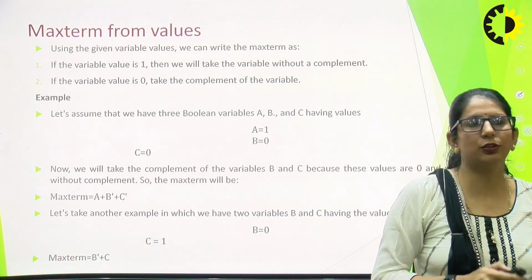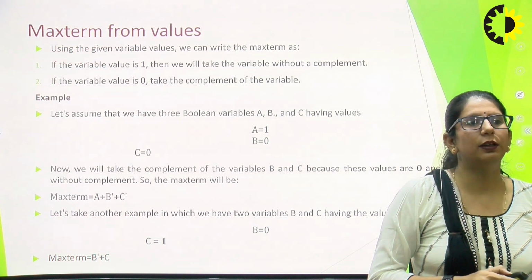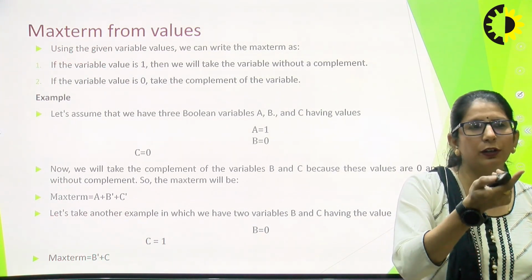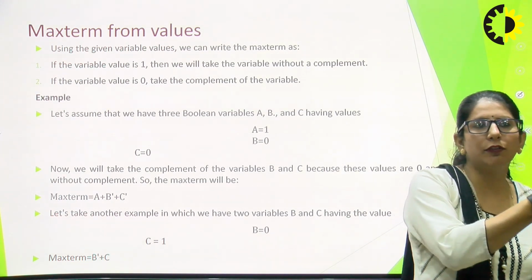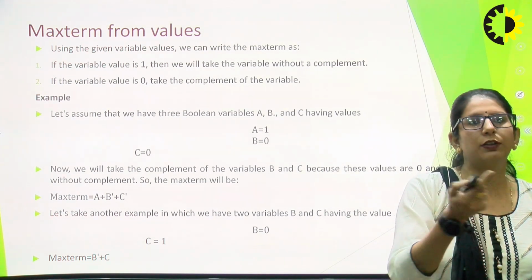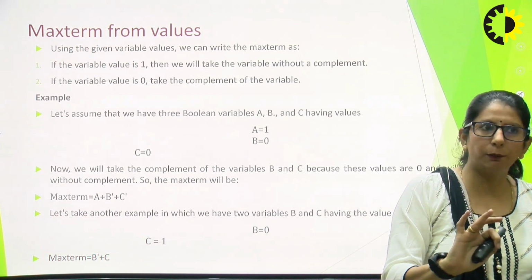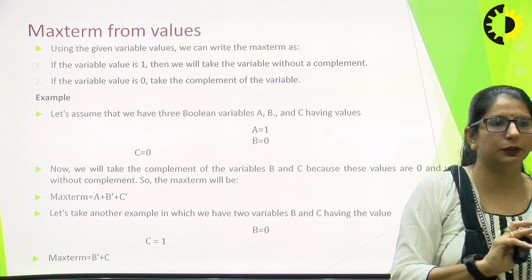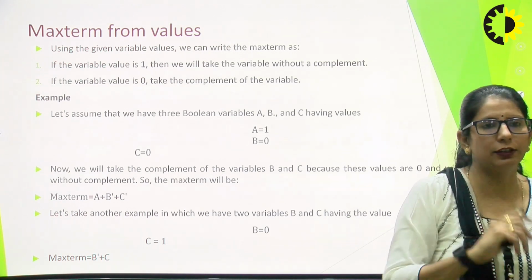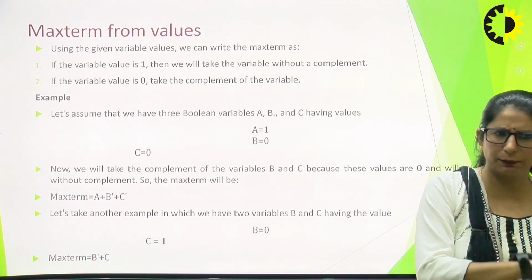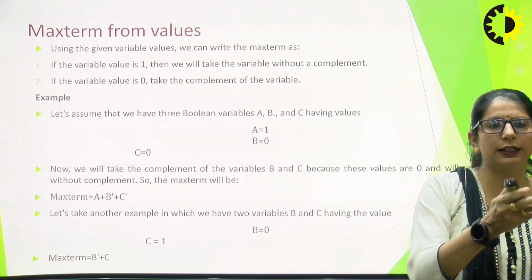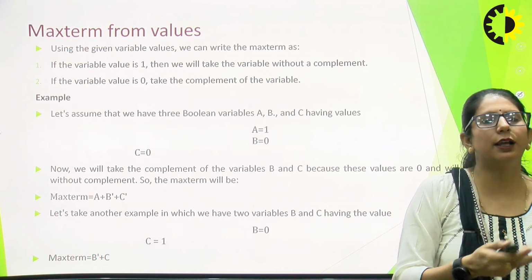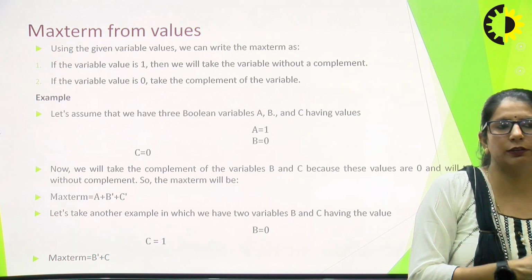So, max term from the values. For example, if the variable is 1, then we will simply take the variable without complement. If the variable value is 0, then we will take the complement of the variable. For example, we have the three variables A, B, C, again the previous example, with A having the value 1, B having the value 0, C having the value 0.